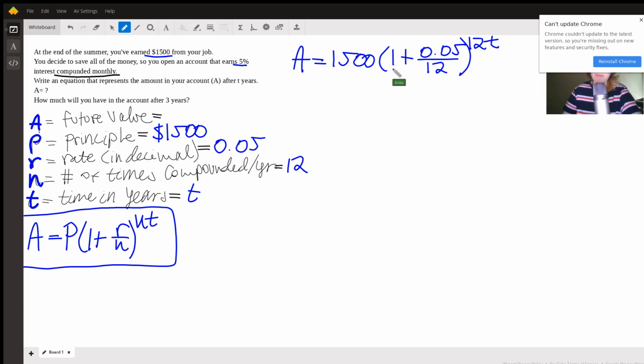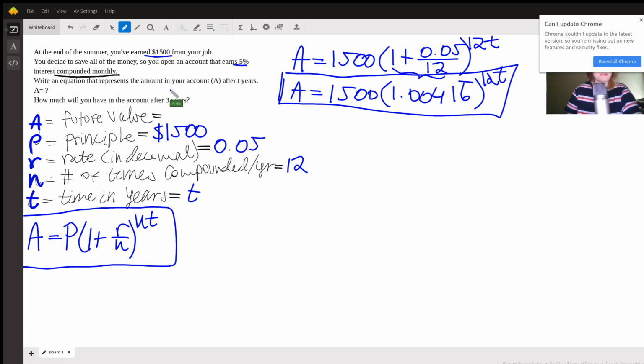And we can simplify what's in the parentheses to become A equals 1,500 times, it's a fairly long decimal, but I'll just write out part of it, 1.00416 repeated to the power of 12t. So this equation here becomes the first part of what they're asking, the first question.